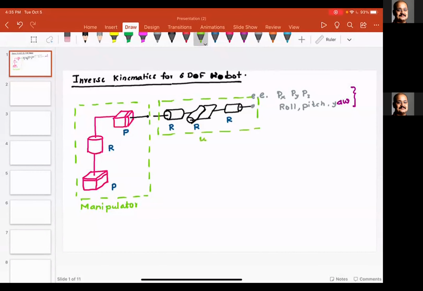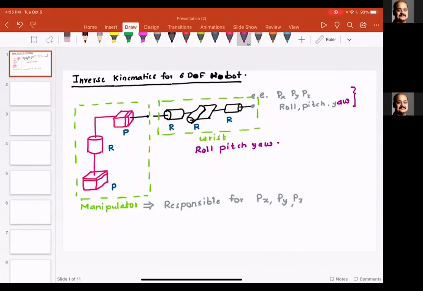So this is the wrist. We are going to assume the manipulator is responsible for Px, Py, and Pz, and the wrist is responsible for roll, pitch, and yaw.